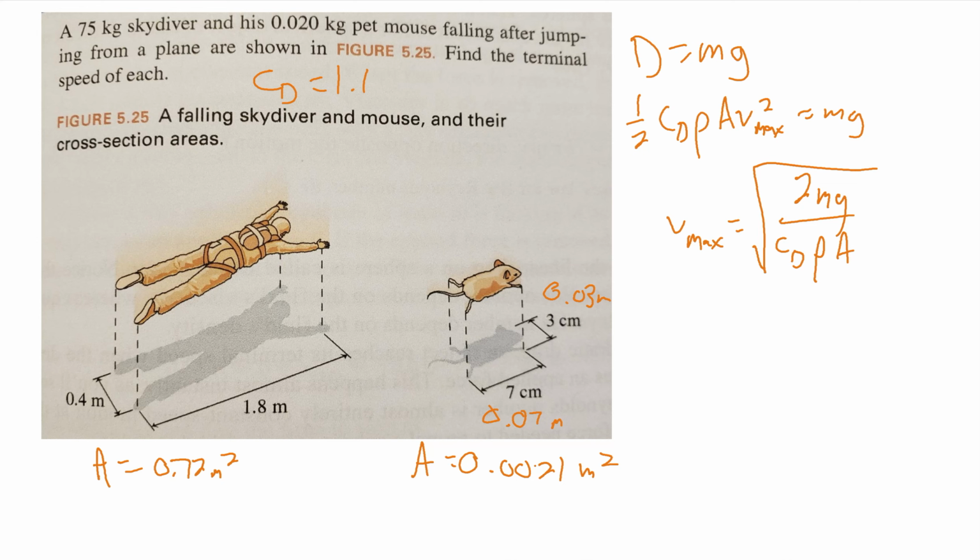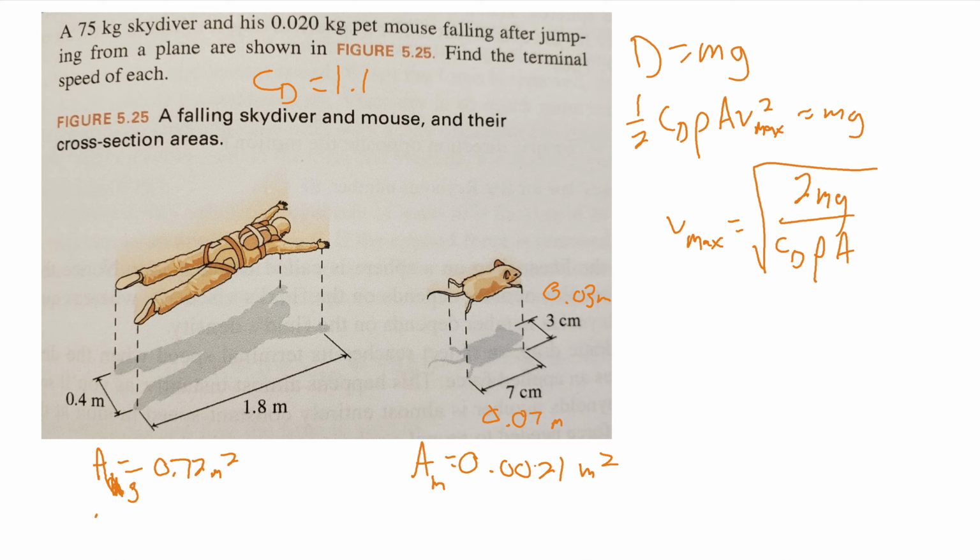I'll use A sub S for the skydiver's area and A sub M for the mouse's area.